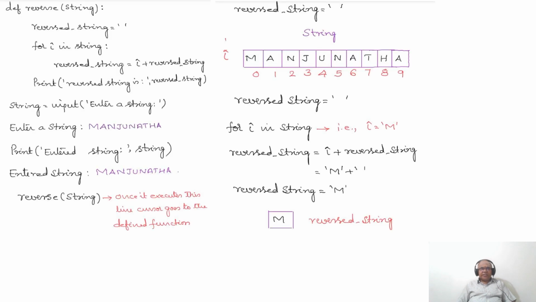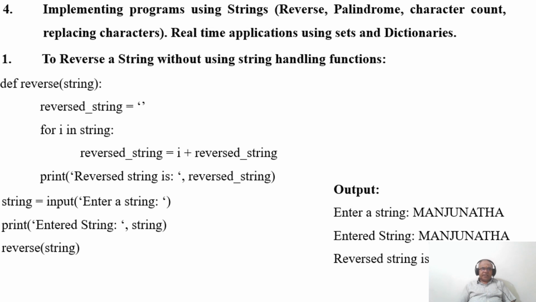Once it executes this and gets the entire reverse string, it will print the reverse string. The entered string is Manjunatha, and the reverse string will be AHTANUJNAM.